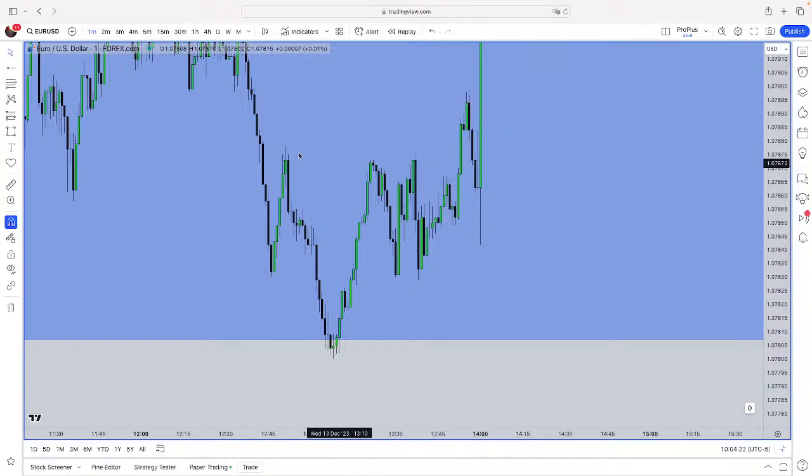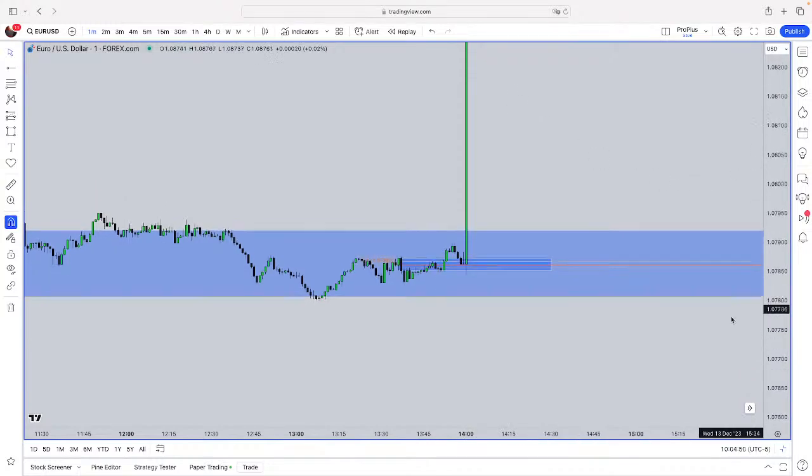As soon as it makes the high, this candle here, the candle that pushed lower, this becomes a bullish breaker. Check the midpoint of the bullish breaker. 1, 2, 3 candles. Doesn't even close below it. And then the FOMC takes off.